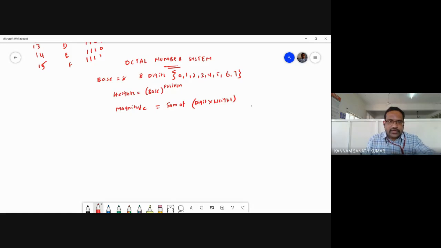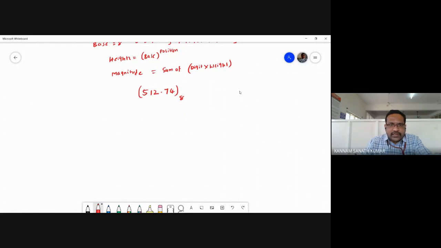Okay, suppose 512.74 is there. This is nothing but to the base 8. I want to convert this octal number into a decimal number. So what should you do? These are the digits, and you need to find them in terms of their weights.